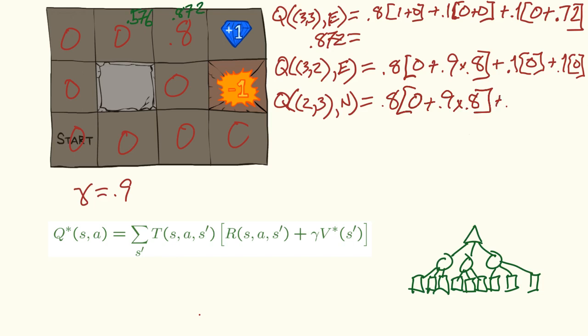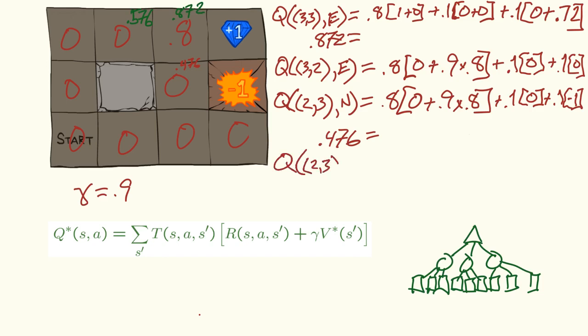And we could go to the west, 0.1 of the time, which gives back 0, and now we've got something interesting. 0.1 of the time we go east, and of course that gives us a reward of -1, for a total of 0.476.